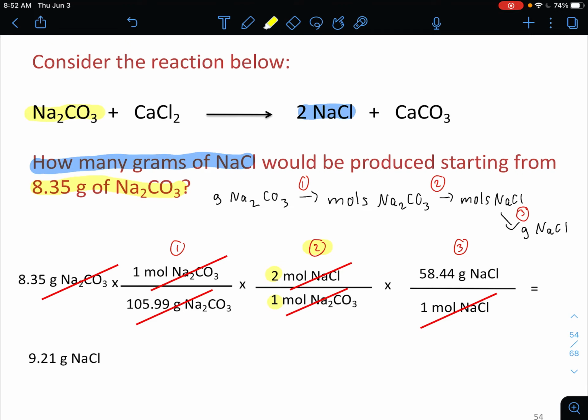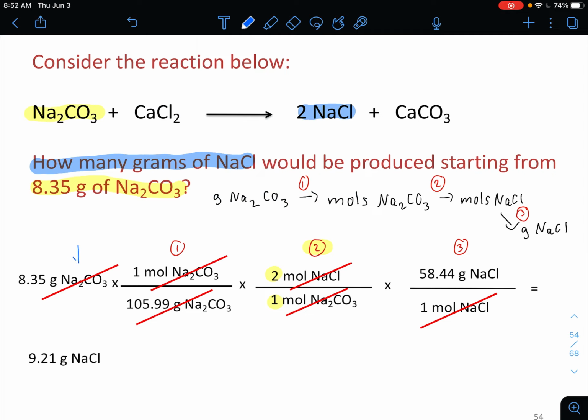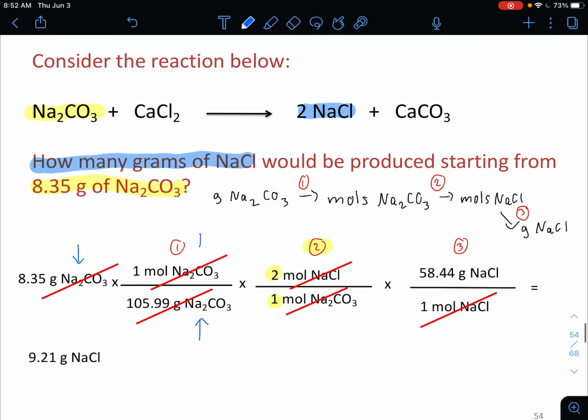So again, I'm showing you the finished PDF. If you're following the PowerPoint, it'll pop through this equation. But if we're just following along, we start with our grams of sodium carbonate, then 1 mole of sodium carbonate divided by the molar mass, just figured out from totaling it up from the periodic table. So that's going to cancel, right? Grams of sodium carbonate with grams of sodium carbonate. And now I'm in moles of reactant up here, right?